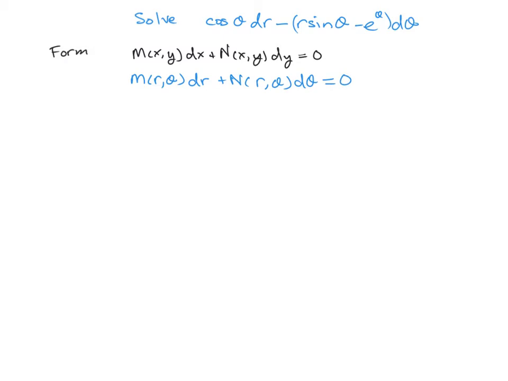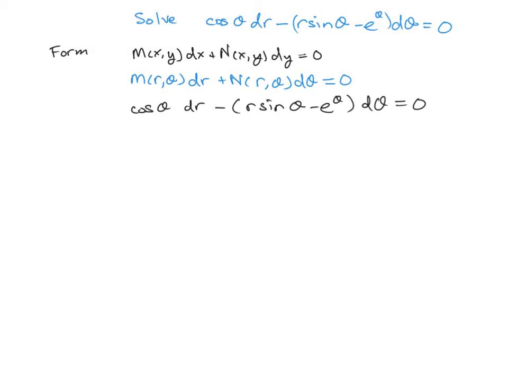And now if we take our equation, which is cosine of theta dr minus the quantity r sine of theta minus e to the theta d theta equals 0, you will notice that the sign is wrong. So when we write it over again, we have to make sure we incorporate that minus sign into the term.